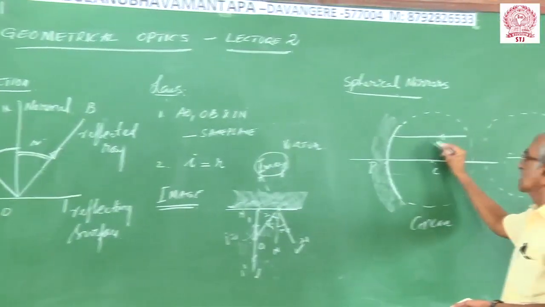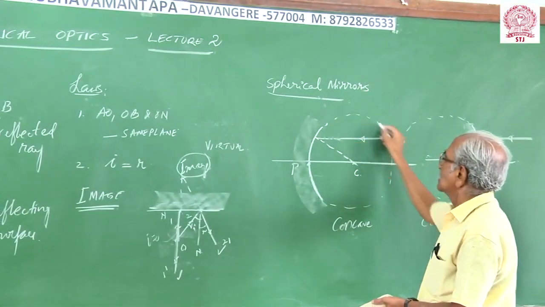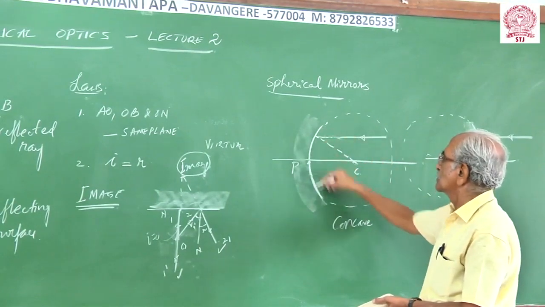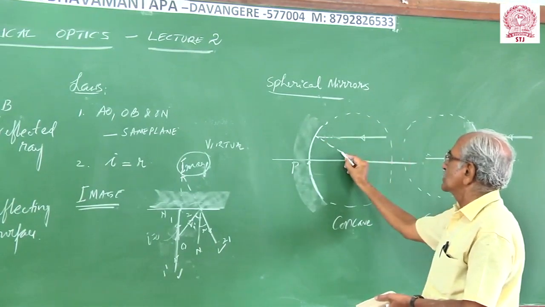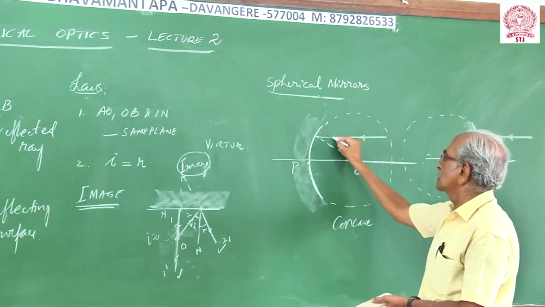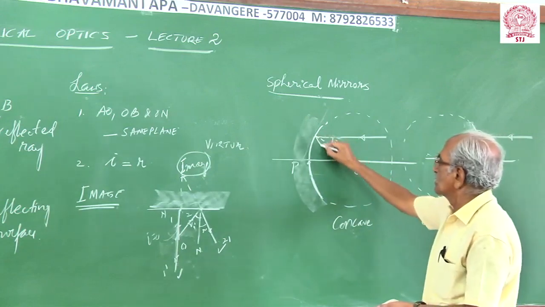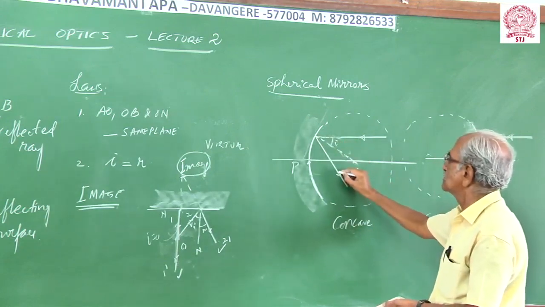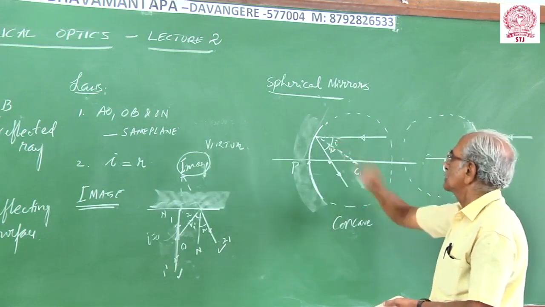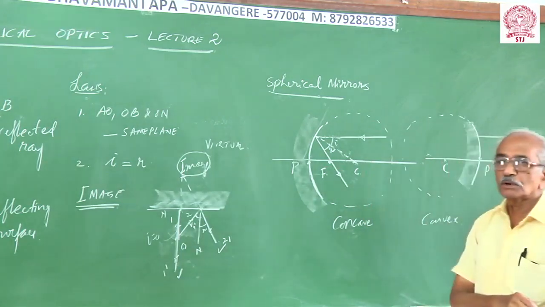Here, this is the normal, because a line from the center to any point on the sphere is a radius, and it is perpendicular to the surface at that point. Therefore this is i, and this is r. Now this point is called the focus.